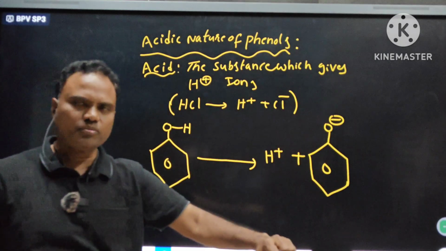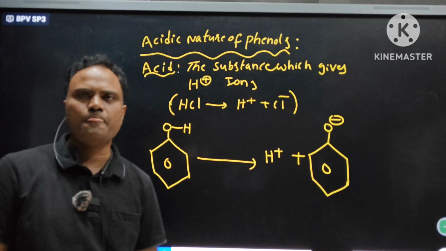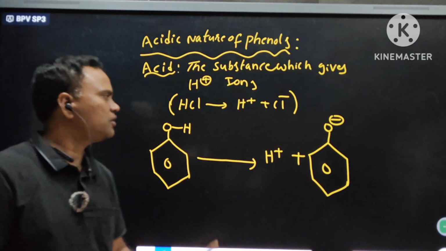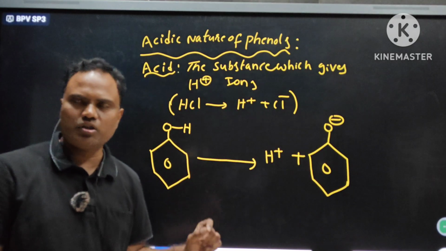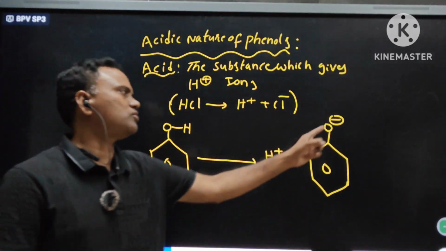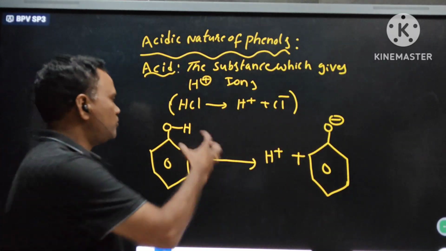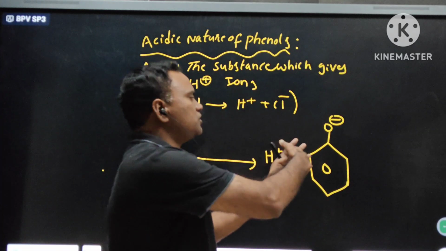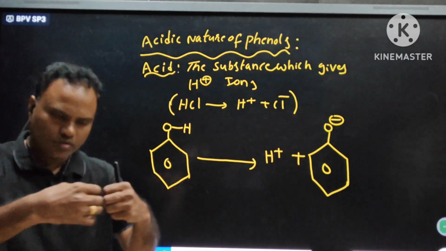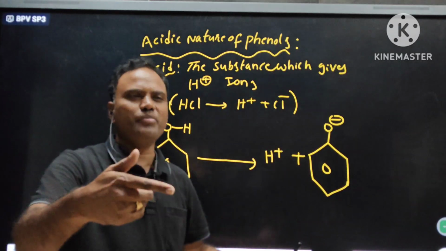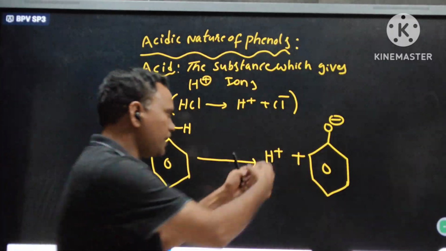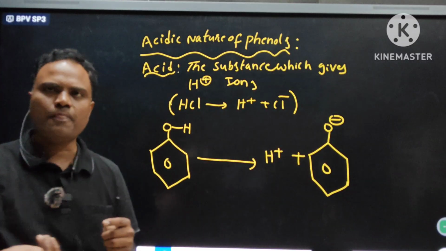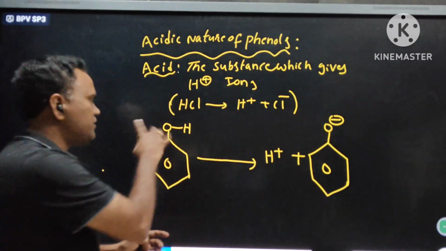If H plus is removed, immediately write a negative charge. This is also first year basics only. Remember, when you remove H plus, put a negative charge, because you removed a positive, so negative will develop automatically. When you join both, the charge will neutralize. When you separate, the charge will appear. If you join, the charge will disappear.